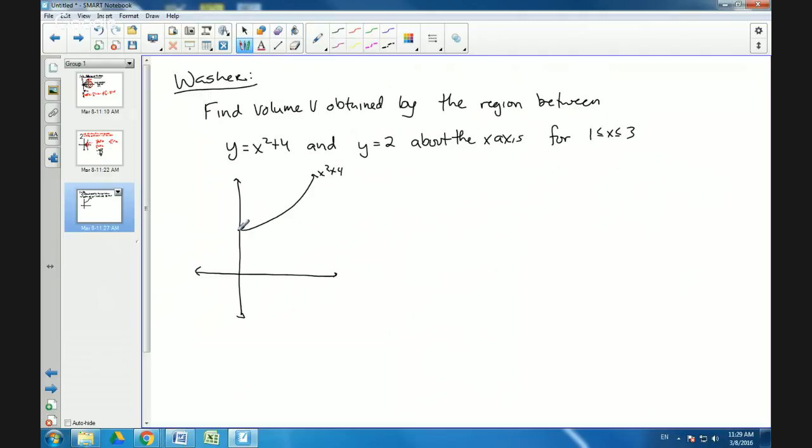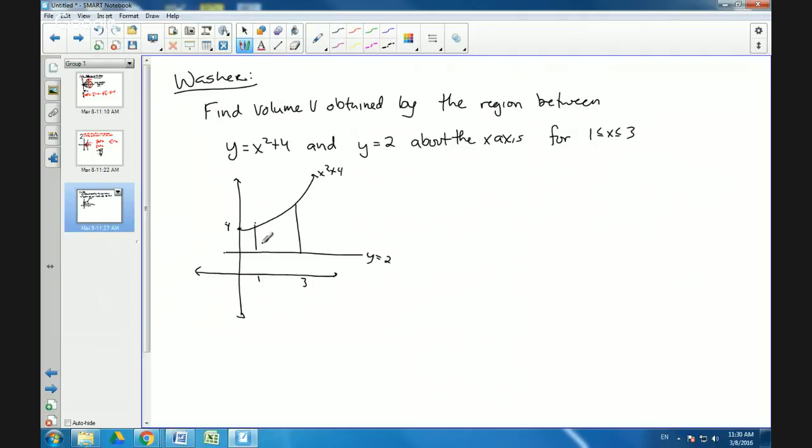Remember x squared plus 4, the y-intercept is 4. And then y equals 2, from 1 to 2.